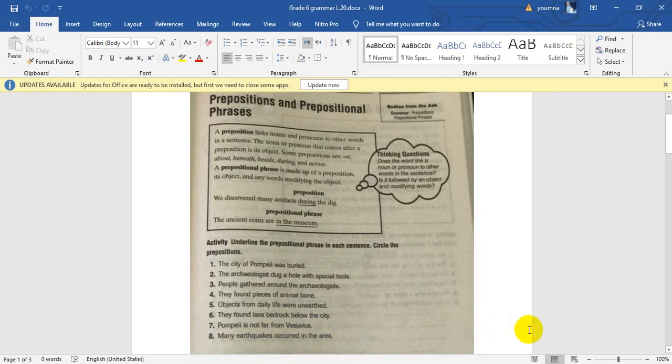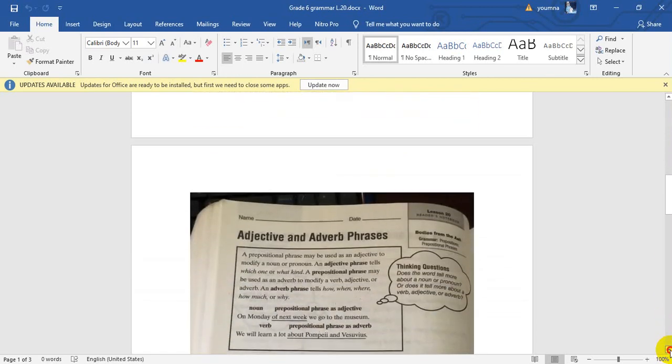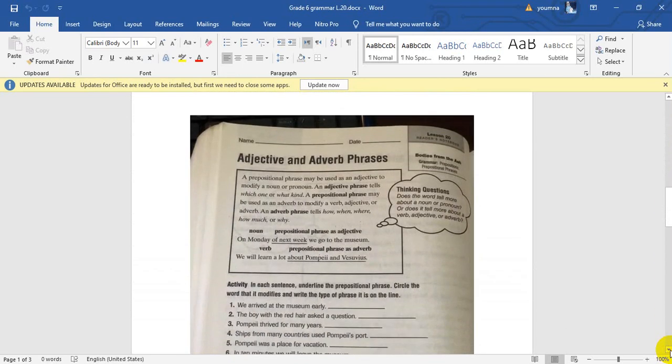Turn the page, please, page 260. Sometimes the prepositional phrase is used as an adjective to modify a noun or a pronoun. Okay? So an adjective phrase tells which one or what kind.